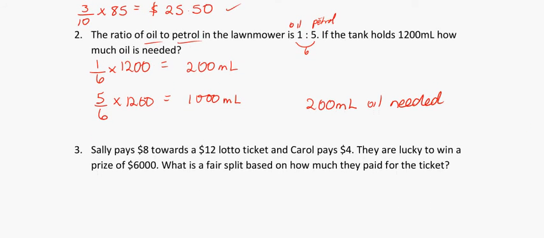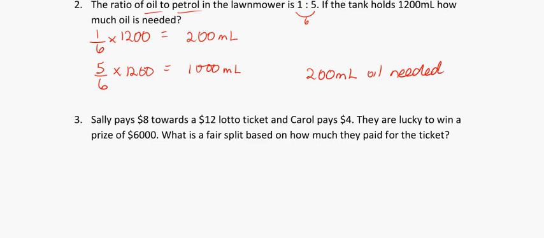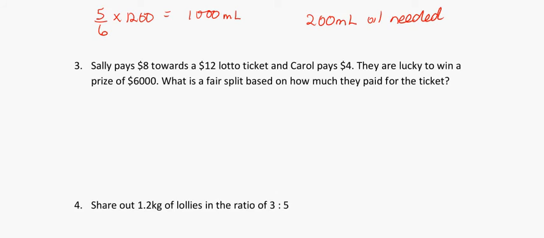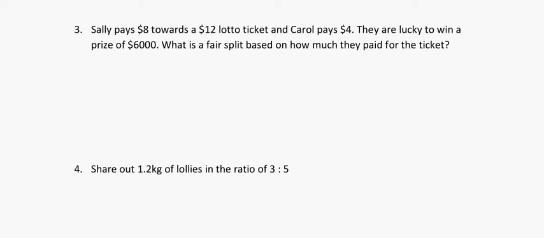Sally pays $8 towards a $12 lotto ticket, and Carol pays $4. They are lucky to win a prize of $6,000. What is a fair split based on how much they paid for the ticket? So because Sally paid more, she's entitled to more of the winnings. So how much does each one get?